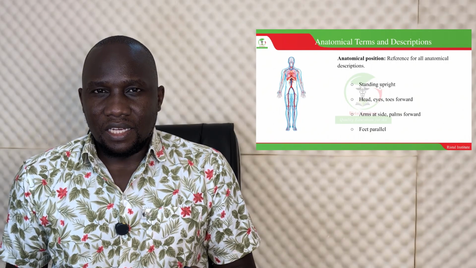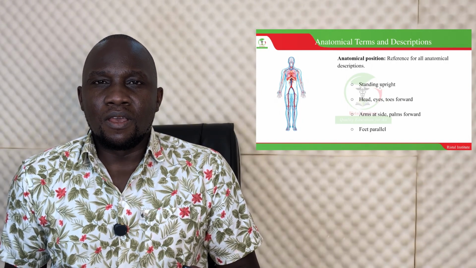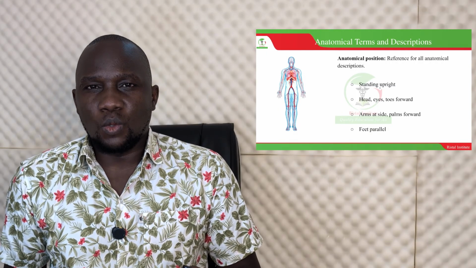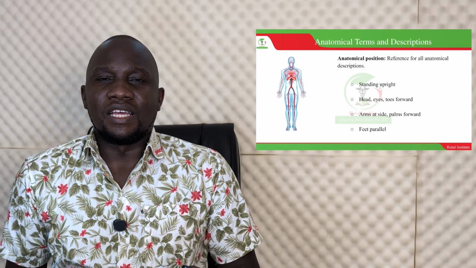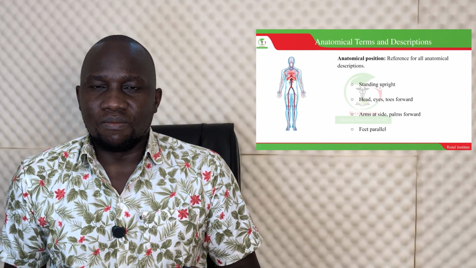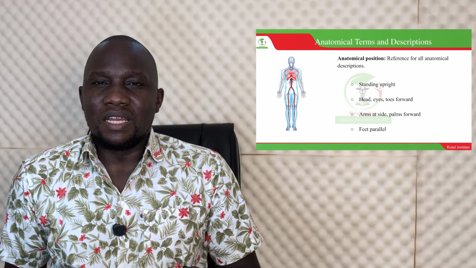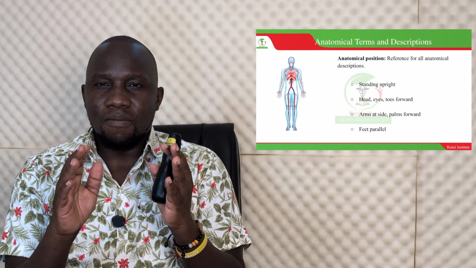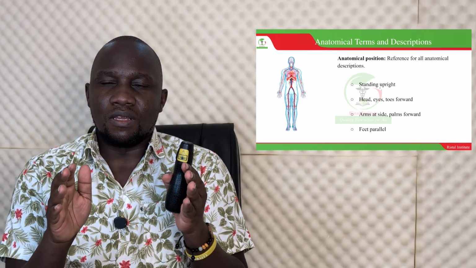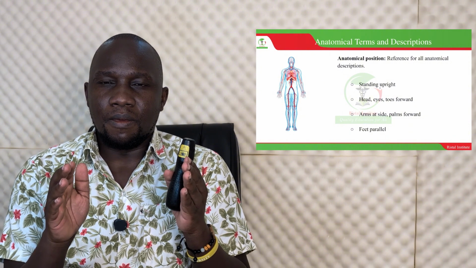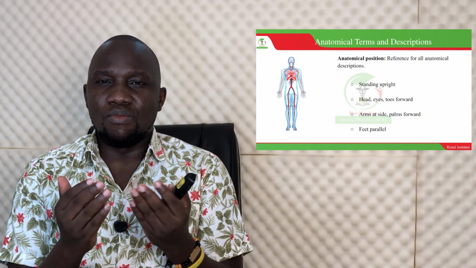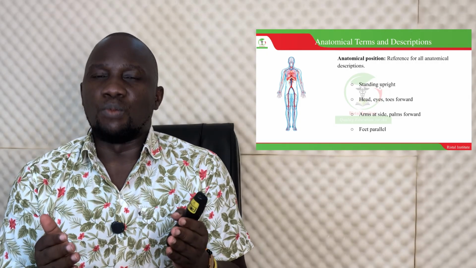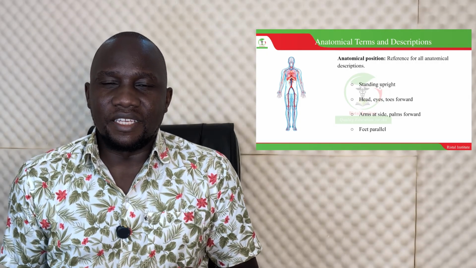The point here is that for you to say that a particular structure is lateral or medial to a particular organ, it means that the body part you're referring to should be in the position that it's supposed to be in, if I can say that.